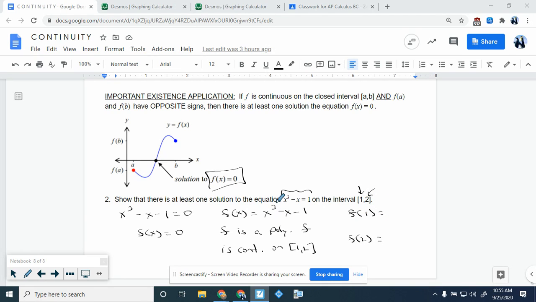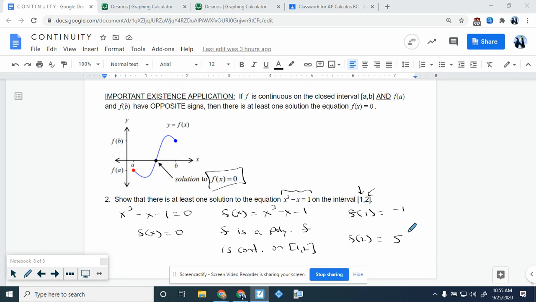Well, f of 1, 1 cubed is 1 minus 1, that's 0 minus 1, I get negative 1. F of 2, 2 cubed is 8, minus 2 is 6, minus 1 is 5, I get 5. So you're like, all right, what happens here? Well, the intermediate value theorem guarantees that you're going to hit every single y value between negative 1 and 5 at least once.